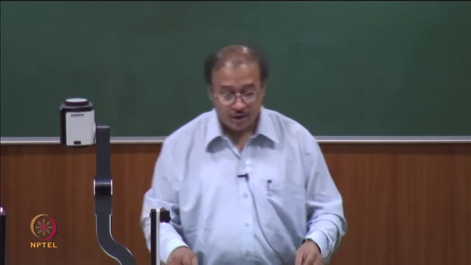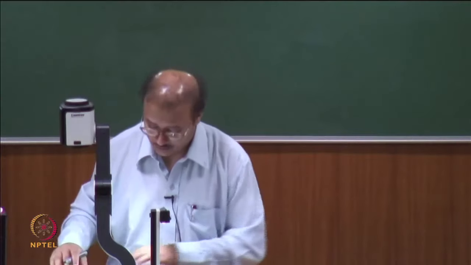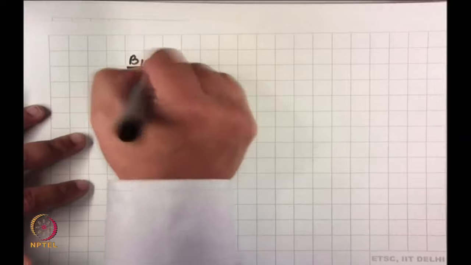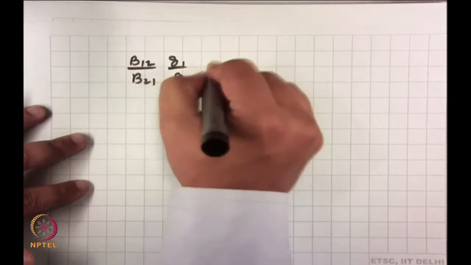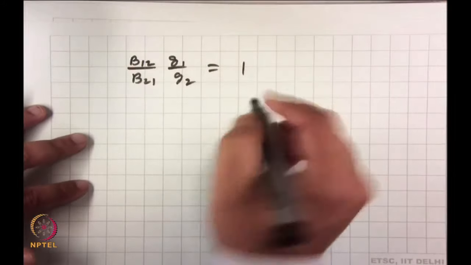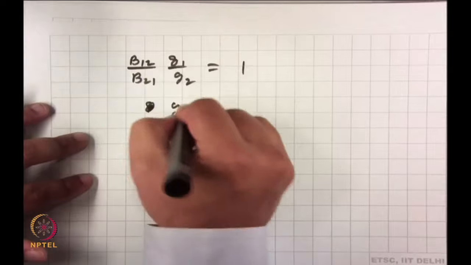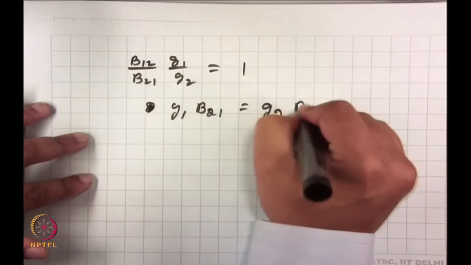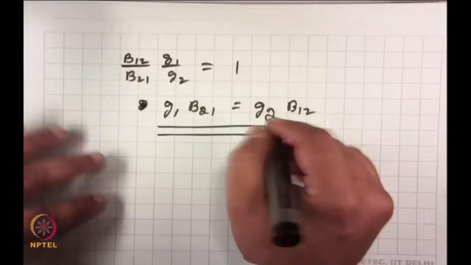So comparing this, what can I write? Comparing 14 and 10, the first thing is B12 by B21 times g1 over g2 should be equal to 1, or I can write g1 B21 is equal to g2 B12. That is one equation for me. This would be number 15.